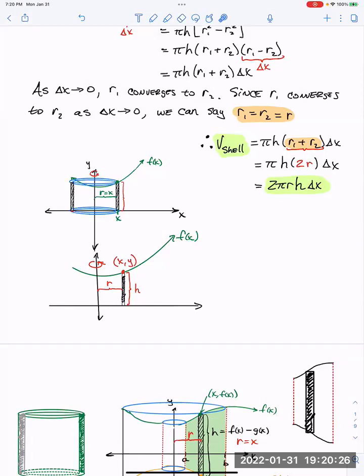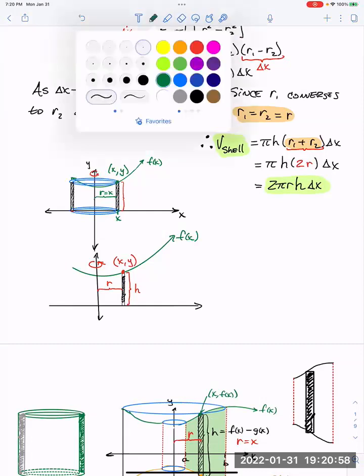Okay, so if we look at this picture up here, notice I have my arbitrary partition drawn right here. And as we mentioned, up here is an arbitrary point at (x, y). But remember, y is f of x. So notice the radius of this arbitrary shell is x, and this is your height here.